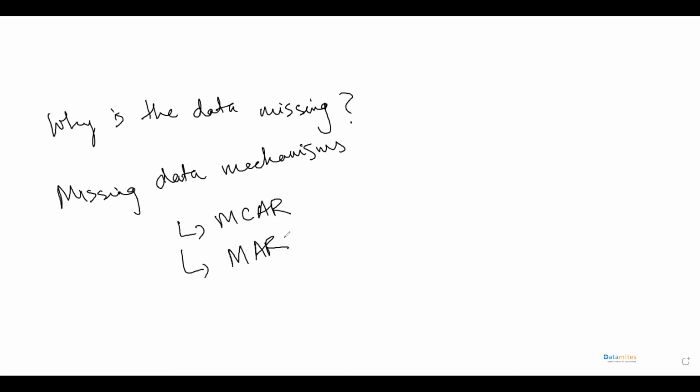The next missing data mechanism is missing at random. If the probability of any observation depends on the available information, that is when the observation is missing at random. So this is a relationship between the likelihood of a value being missing and the observed data. For example, men are more likely to disclose their weight than women. So weight can be considered as a missing at random value.